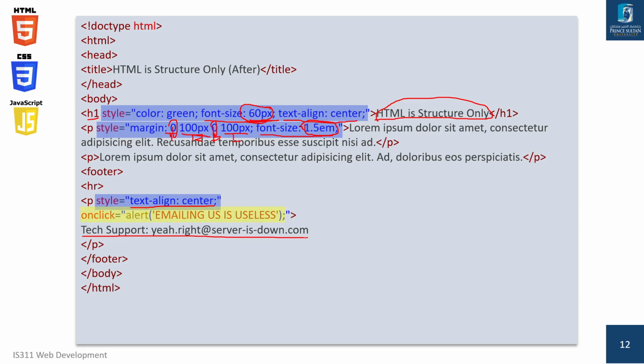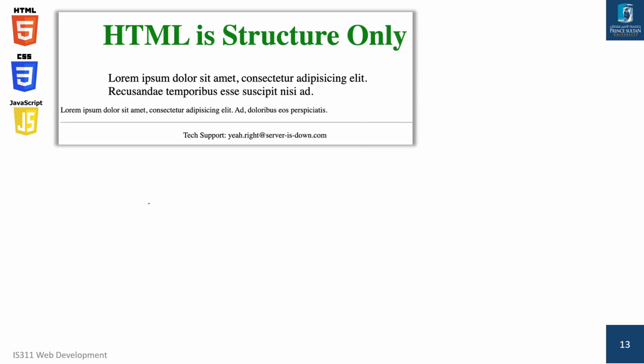So let me show you the output. Okay, not the output yet. This is our JavaScript code, where we are saying that whenever we click on this specific text, it shows me an alert message. So here is the output of this code. Look at that, heading one is green and it is center aligned.